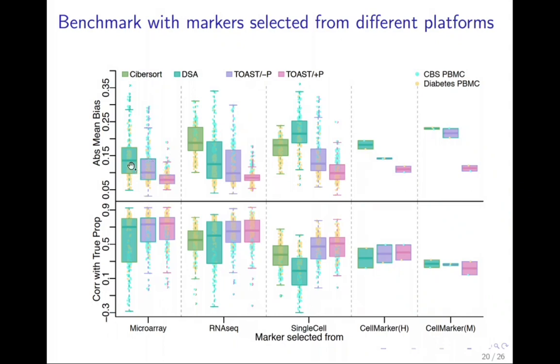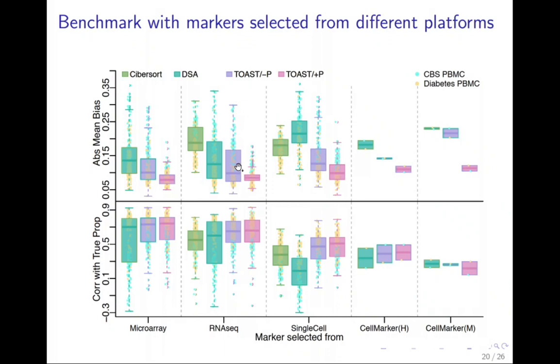The first is that compared with existing methods, our proposed method always achieves the lowest bias and the highest correlation in estimating the cell composition from the 2 datasets.